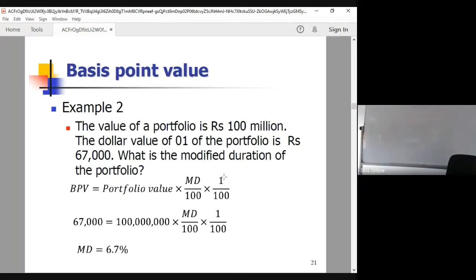What is the 6.7%? 6.7% is telling you, based on your portfolio duration, if there is a 1% move in interest rates, your portfolio will move by 6.7%. What you did earlier was find out what the dollar value is. So now you know that 6.7% of this will tell you exactly what the dollar value is.